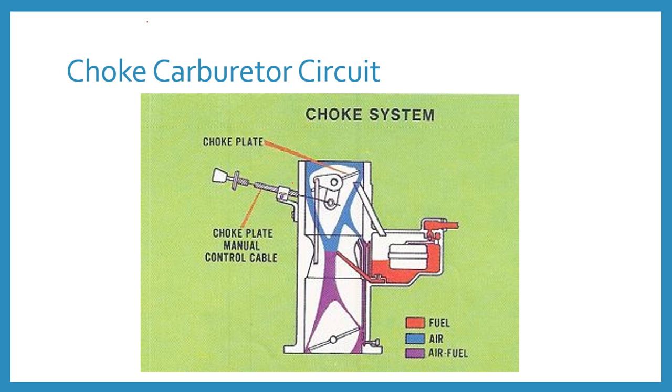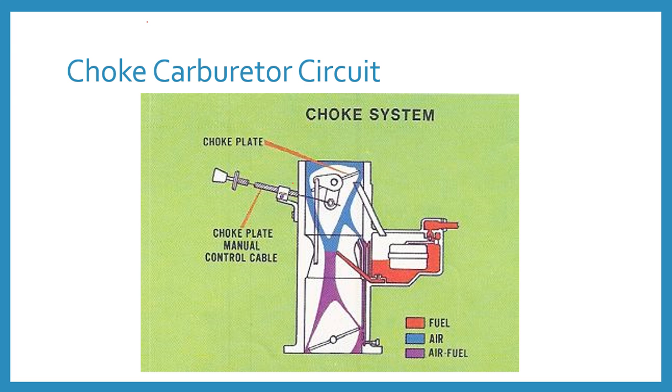The device generally consists of a thermostatic spring, which is located on the exhaust manifold and is actually a bimetallic strip. That means two different metal strips are welded together and formed into a spiral, along with a vacuum piston or a diaphragm.